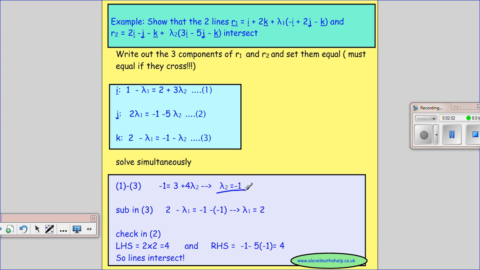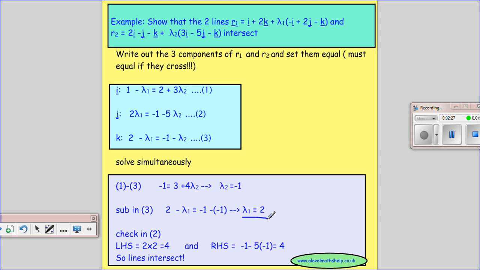So sort that out, and I get lambda 2 equals minus 1. Now I'm going to substitute this into 3. I could have substituted into 1, it doesn't matter, to get out my lambda 1. So I've got 2 minus lambda 1 equals minus 1 minus 1, and out of that I get lambda 1 equals 2.